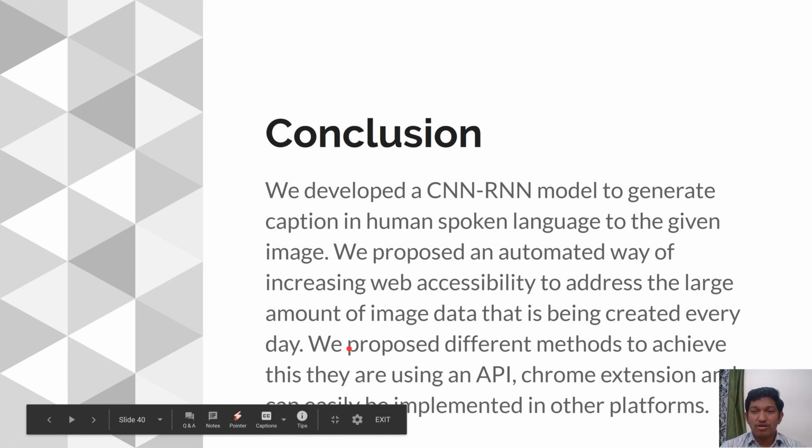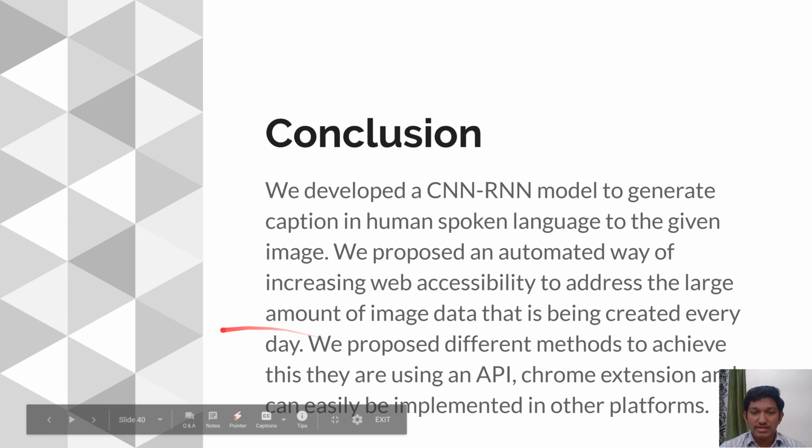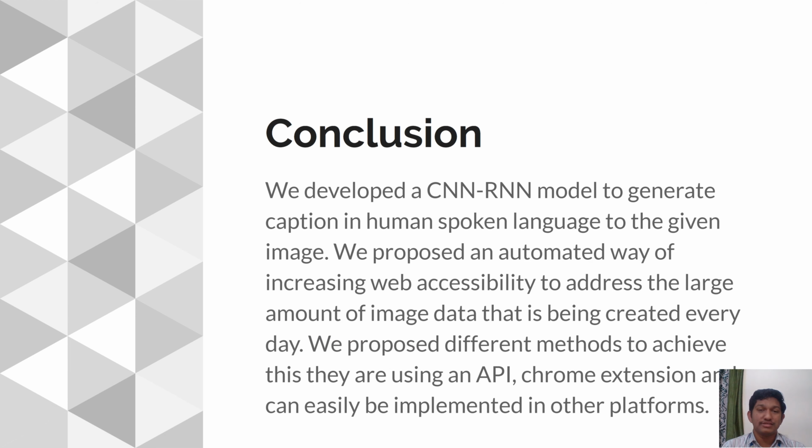Then we proposed an automated way to increase web accessibility, to address the large amount of image data being created every day. We proposed different methods to achieve this, using our API and Chrome extension, and it can also be easily implemented on other platforms.